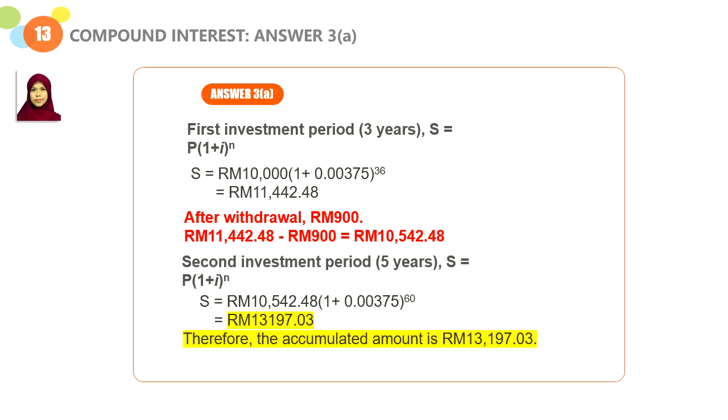Compound interest, answer for 3A. First investment period, 3 years. S equal to 10,000 times 1 plus 0.00375, equal to 11,442.48.